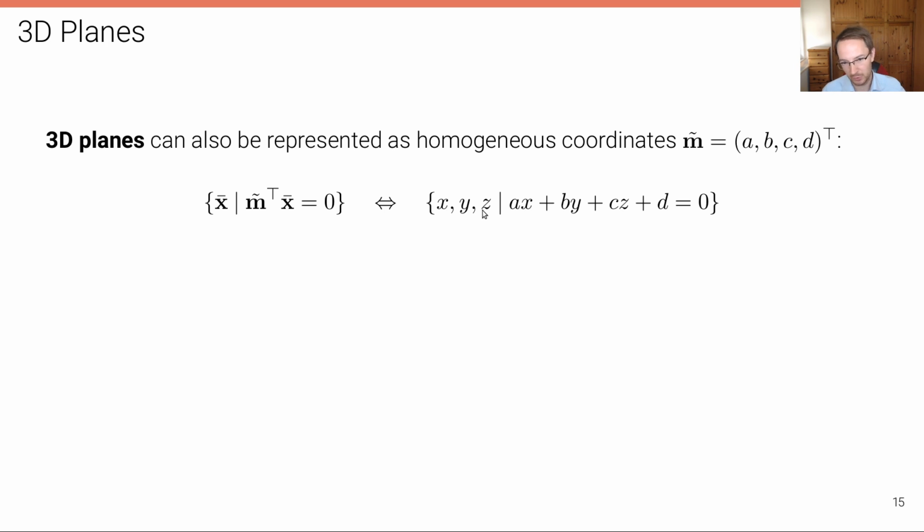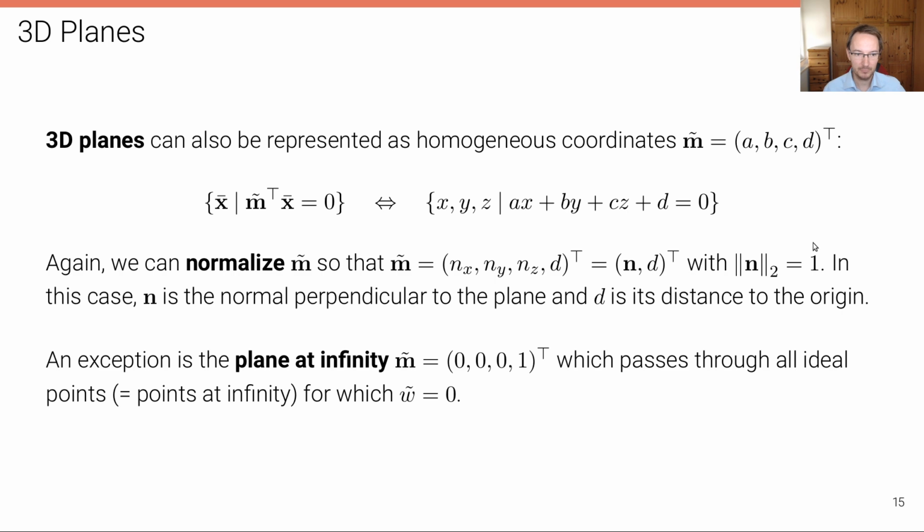That has to be fulfilled for all x, y, z where these points are on the plane. And we can equivalently write this compactly as this homogeneous constraint. Again, we can normalize m tilde so that the Euclidean norm of n, this three-dimensional vector, is equal to 1. In this case, again, n is the normal perpendicular to the plane, now not the line but the plane, and d is the distance to the origin.